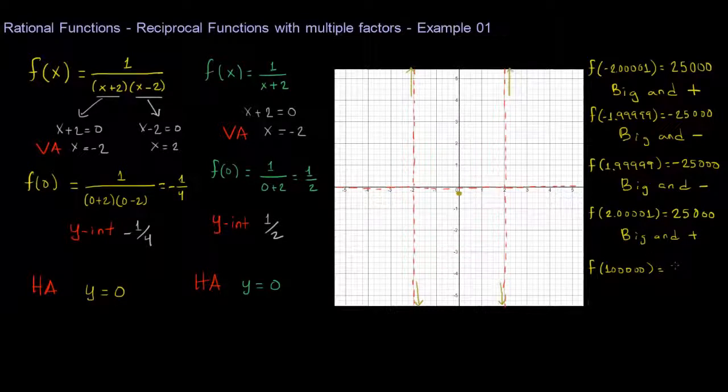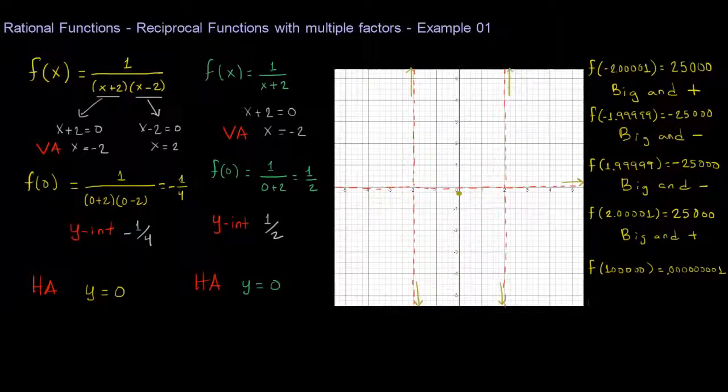The result is something like 0.000000001, which is a super small number. It's really, really close to 0, but it is not exactly 0, which is a bit of a coincidence with the fact that we got here a horizontal asymptote at y equal to 0.